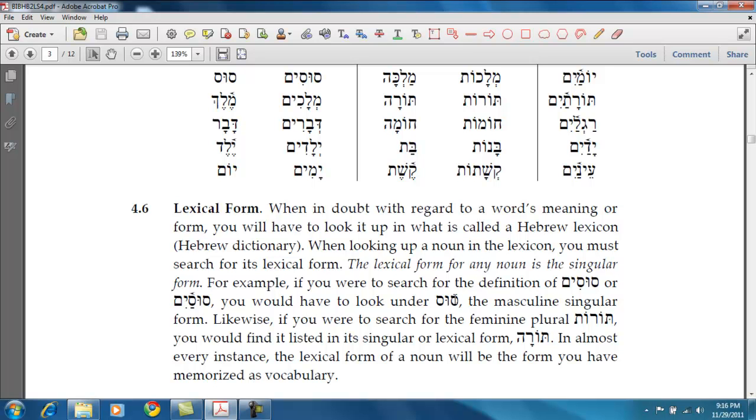That's where the lexical form is going to be, the masculine singular form. Likewise, if you were to search for the feminine plural torot, you would find it listed in the singular or lexical form, torah. And in almost every instance, the lexical form of a noun will be the form you have memorized as vocabulary.